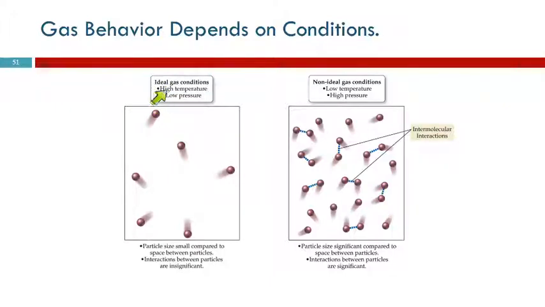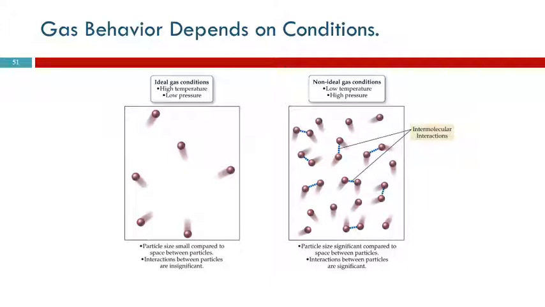So under these conditions, the gas particles are moving fairly rapidly, and there's lots of empty space. So the size of the particles compared to the amount of empty space is really, really small. It doesn't really matter very much. And the interactions between these particles are insignificant.